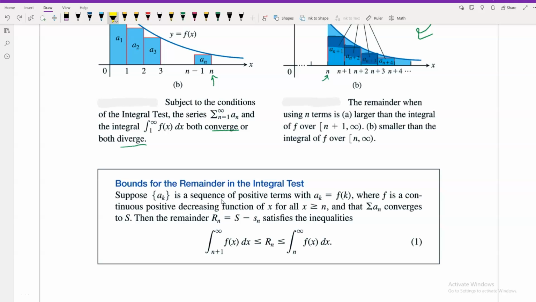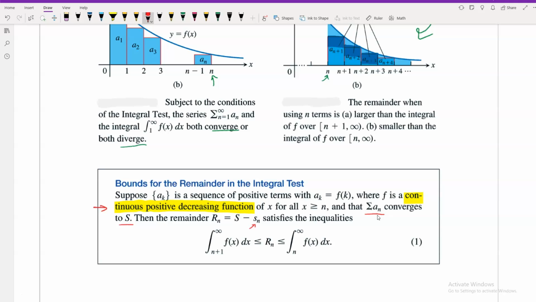Bounds for the remainder in the integral test: suppose a sub k is a sequence of positive terms with a sub k equal to f of k, f is a continuous, positive, decreasing function of x for all x greater than or equal to n, and that the sum of a sub n converges to uppercase S. Then the remainder R sub n, equal to S minus s sub n, satisfies the inequalities: the integral of f of x dx from n plus 1 to infinity is less than or equal to R sub n, and that is less than or equal to the integral of f of x dx from n to infinity.